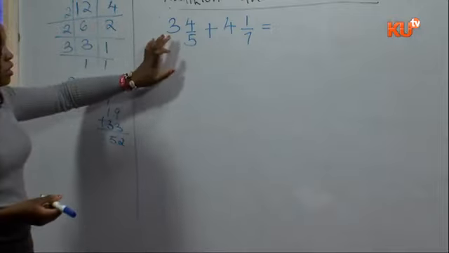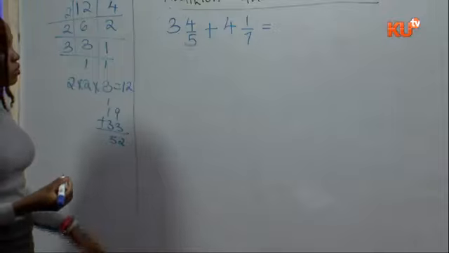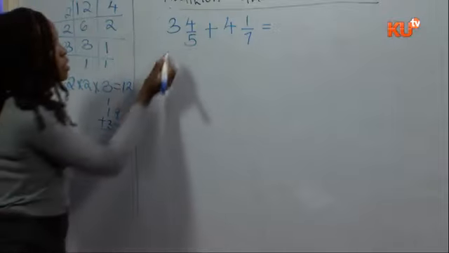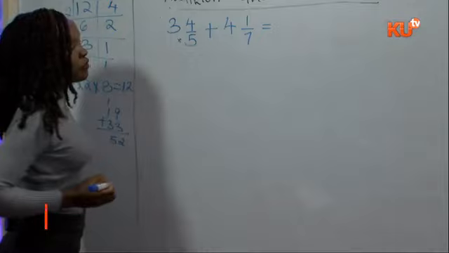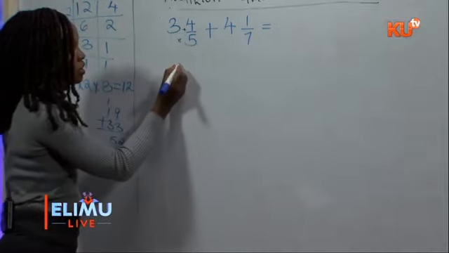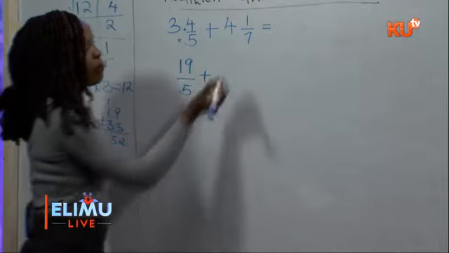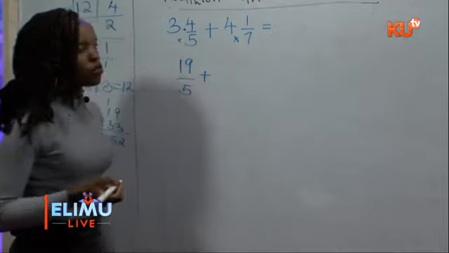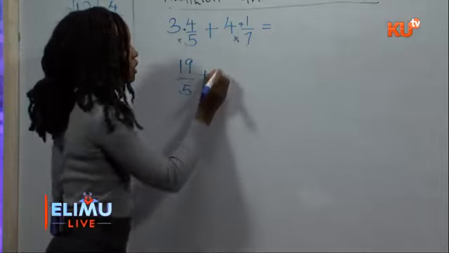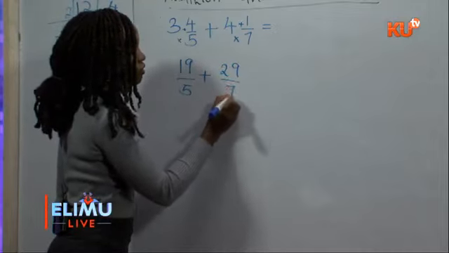So we start by converting the mixed fractions to improper fractions. It is 3 times 5, 15. 15 plus 4, we get 19. So 19 over 5 plus 4 times 7 is 28. 28 plus 1, we get 29 over 7.